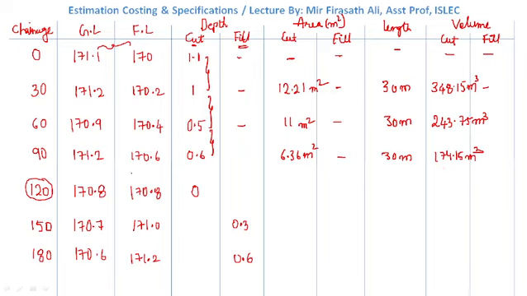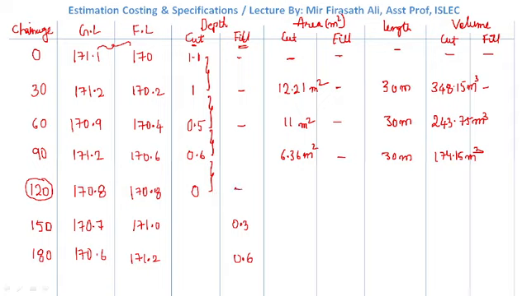Now look at 120. There is an intersection, as at 170.8 both ground level and formation level are one and the same. Let us take 0.6 and 0, the average is 0.3, and substitute in the formula.